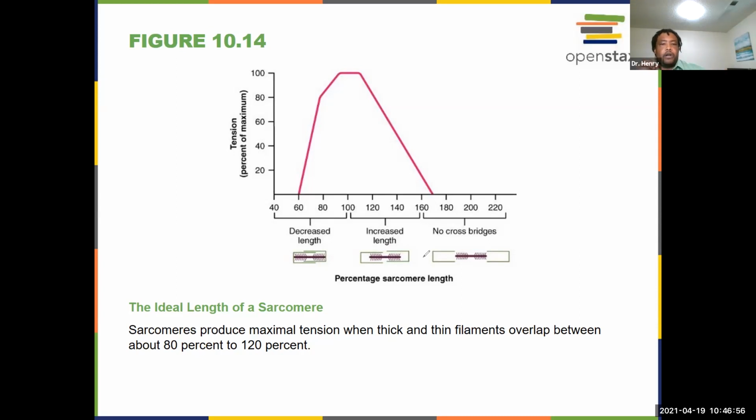So no overlap at all, so no cross bridging. That's what's being shown here. This one is considered increased length, where the ends of the actin filaments just start to match up with the ends of the myosin filament. And this one is considered decreased length, when you've gone beyond those ends.